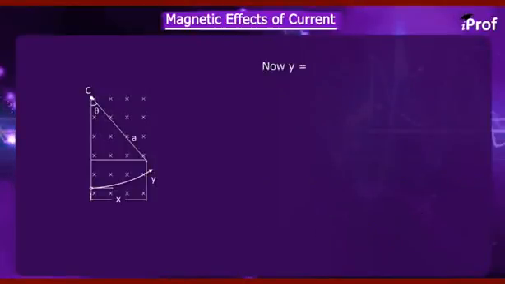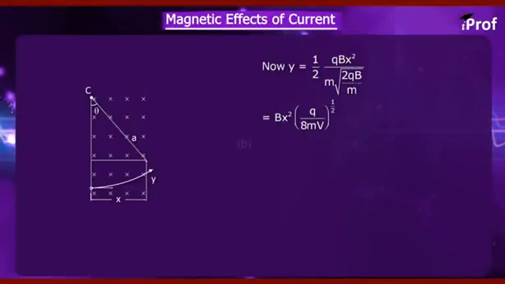Now y equals half qBx squared upon m under root of 2qV upon m, equals Bx squared (q upon 8mV) to the power 1 by 2. (b) From equation 3, m is proportional to 1 upon y squared. Therefore, m1 upon m2 equals y2 upon y1.